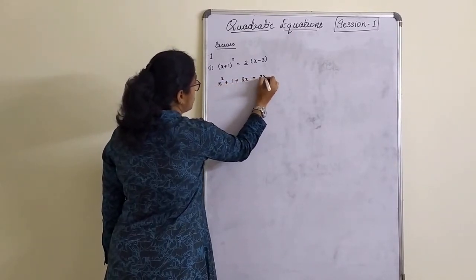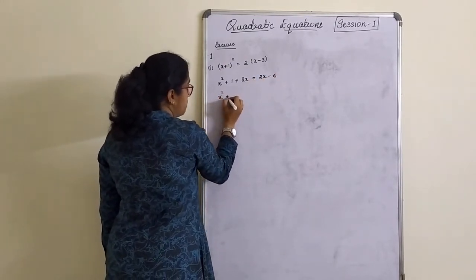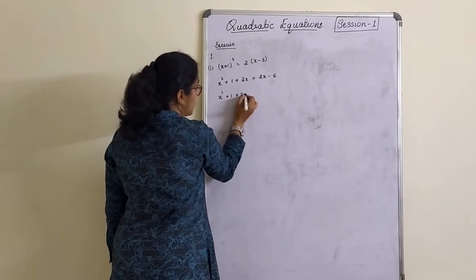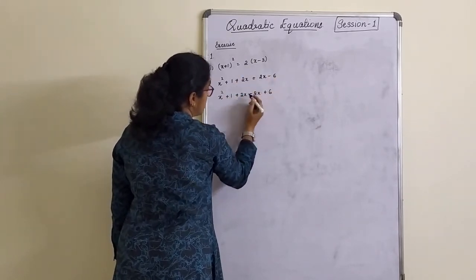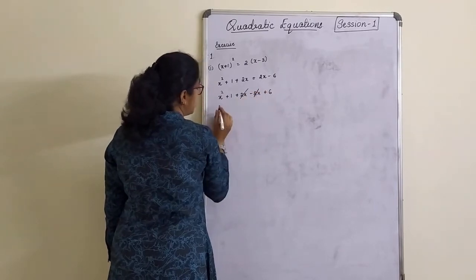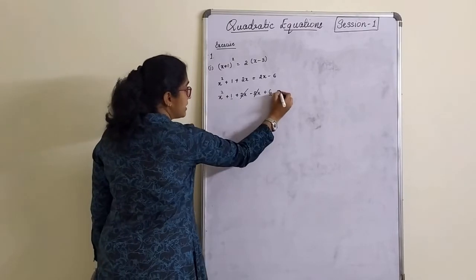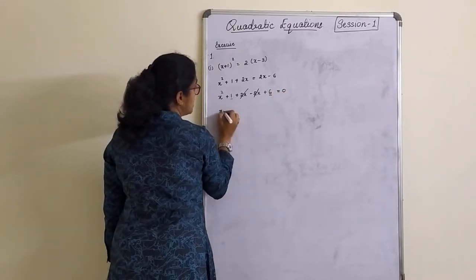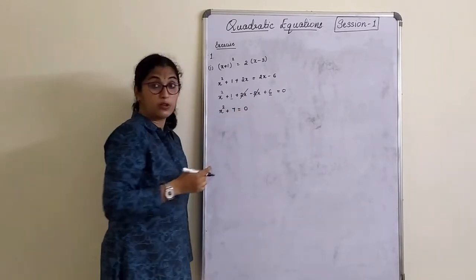This is equal to 2x minus 6. x square plus 1 plus 2x minus 2x and plus 6. Plus 2x minus 2x will get cancelled. 1 plus 6 is 7 is equal to 0. So this is x square plus 7 is equal to 0.